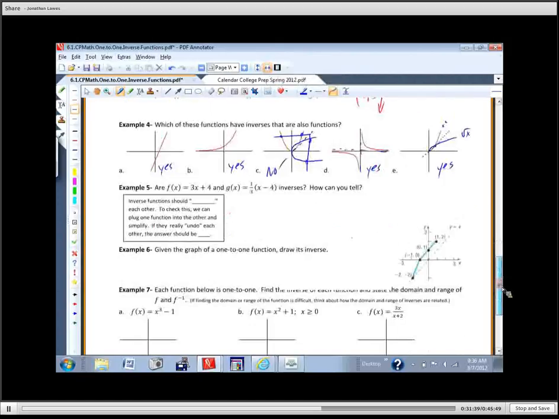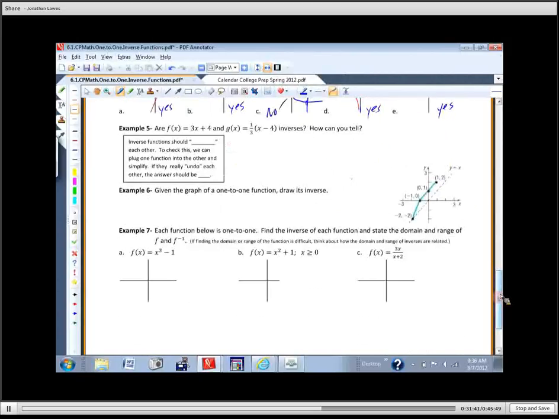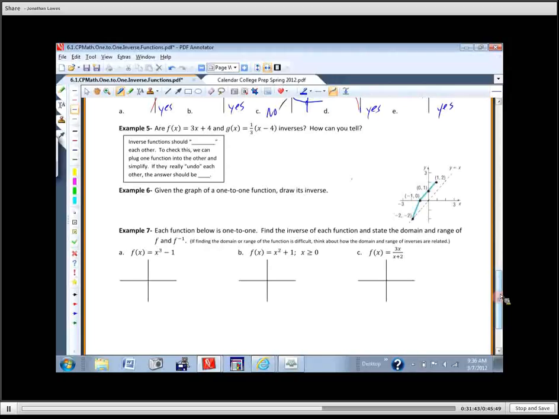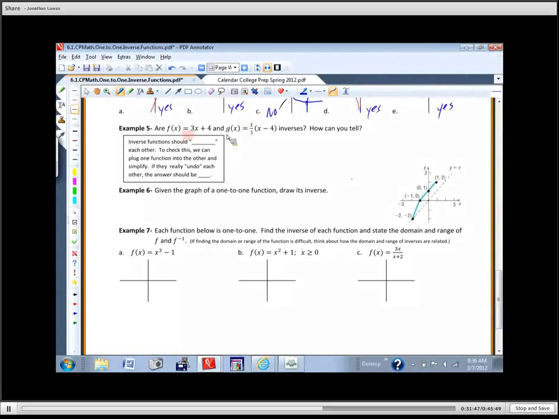Okay, let's take a look at the last couple examples here. It says, are these two functions, f of x equals 3x plus 4 and g of x equals 1/3 x minus 4, inverses? Do they undo each other? Okay, well, how could we check?